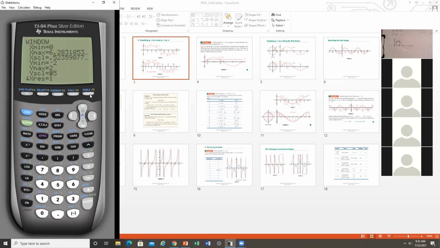Hit graph now, and now you can see we still have the graph of one cycle of our sine function, but notice the x-axis now goes from -2 to 2. So now it'll be much easier to see this minimum point when you go to calculate and find it. There will be a left bound, and now I need a right bound. Right bound, hit enter, and there's the minimum point, 3 pi half radians, -1 down there.